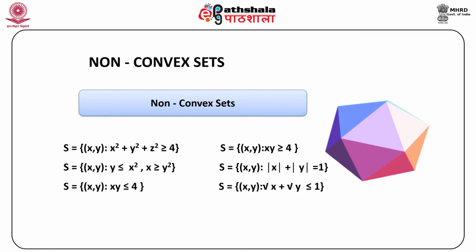S equals {(x,y) such that y is less than or equal to x squared, x is greater than or equal to y squared}. S equals {(x,y) such that mod x plus mod y is equal to 1}. S equals {(x,y) such that xy is less than or equal to 4}. S equals {(x,y) such that square root of x plus square root of y is less than or equal to 1}.